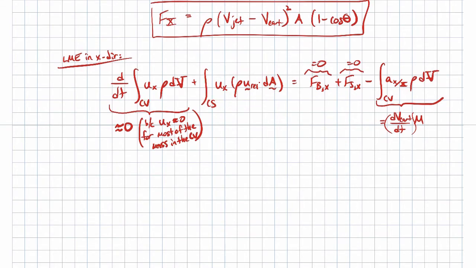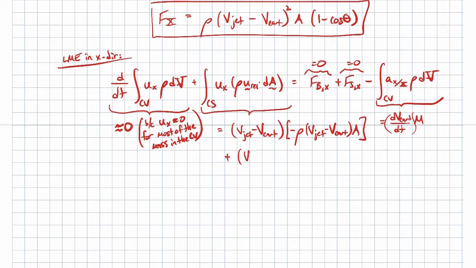Well, this term will look exactly the same as what we did earlier for part B. The x component of the velocity will be v jet minus v cart, where it's coming in. Mass flow rate there will be minus rho v jet minus v cart times the area. And then going out, the x component of the velocity will still be v jet minus v cart times cosine theta.